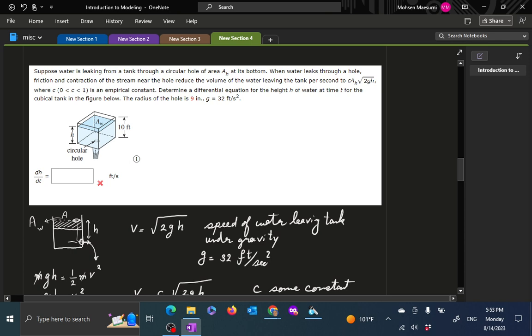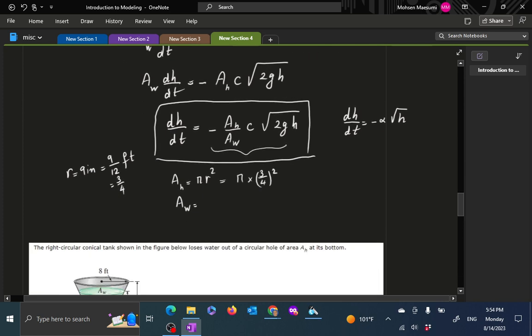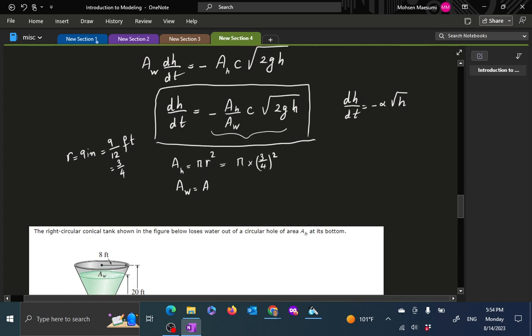But the size of the tank is not given, so I'm going to leave it as AW. So AW is just AW. C is also not given. g is given as 32. So some stuff given, some of them are just left out.